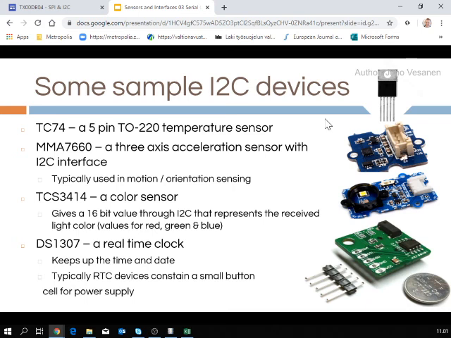Some example devices: temperature sensors. We actually have that TC74 here. I think these are the 5-pin TO220. Someone younger could read it. They should be these actually.